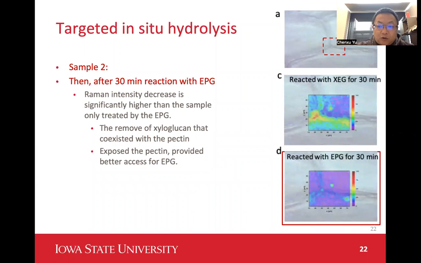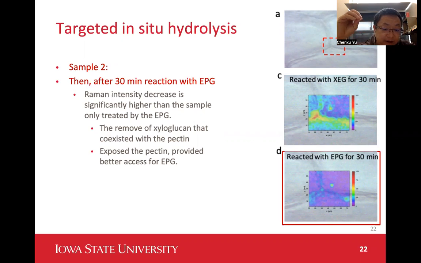Then we treated the sample after XEG treatment with EPG again. Further intensity decline means that where this decline happens is the region where the pectin used to be protected by the xylaglucan, by the hemicellulose.